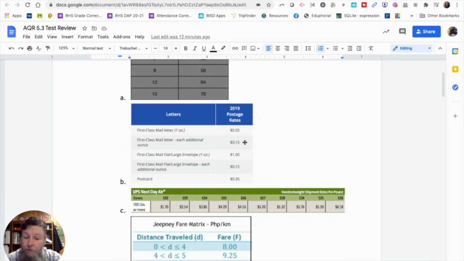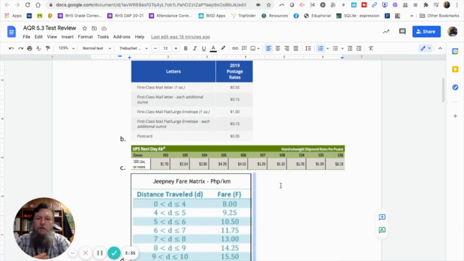You can have a fraction of an ounce, and if you have a fraction of an ounce, it's still within that 1 ounce to less than 2 ounces level, and it's going to cost you 55 cents. But if you have 2 ounces or a fraction above 2 ounces but below 3 ounces, it will be a total of 70 cents, and so on. You have a flat large envelope, and then each additional ounce is 15 cents more, and your postcard charge. That is a step function.